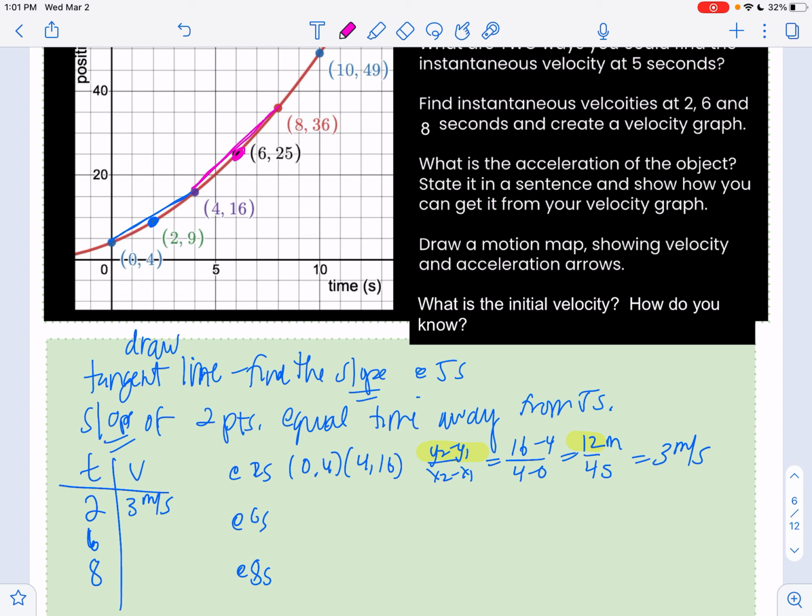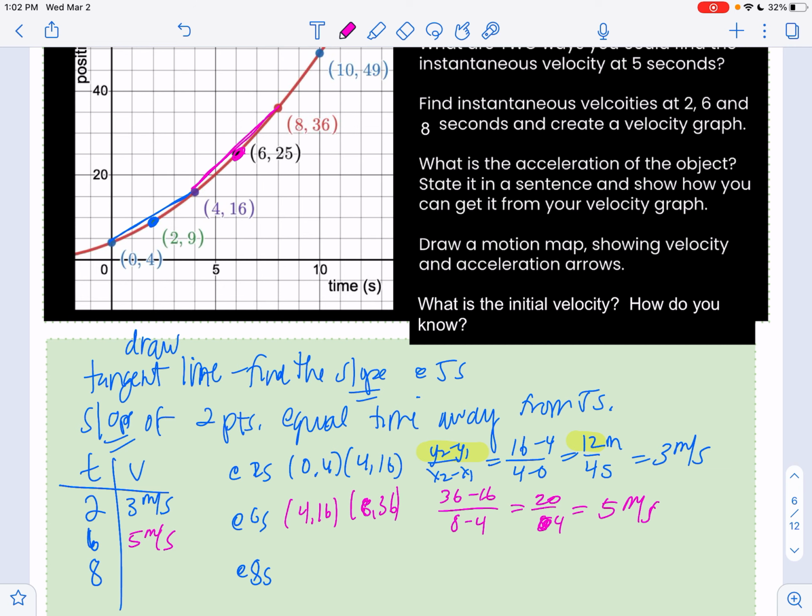I want to use 2 points equal time from 6, so that would be 4, 16 and 8, 36. If I do the same thing, 36 minus 16 over 8 minus 4, 20 over 4, and that's going to be 5 meters per second.